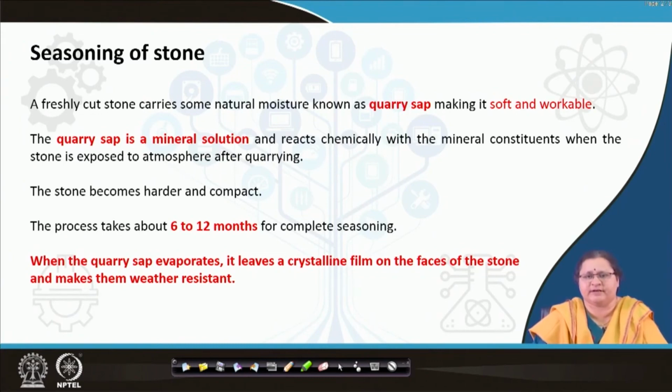We have the Colosseum standing for so many years. Nothing has happened. They neither have a paint coat nor do they have a plaster coat. It is exposed. So, it can take up this weathering action better if you allow the sap to accumulate on top of it as a thin crystalline film.